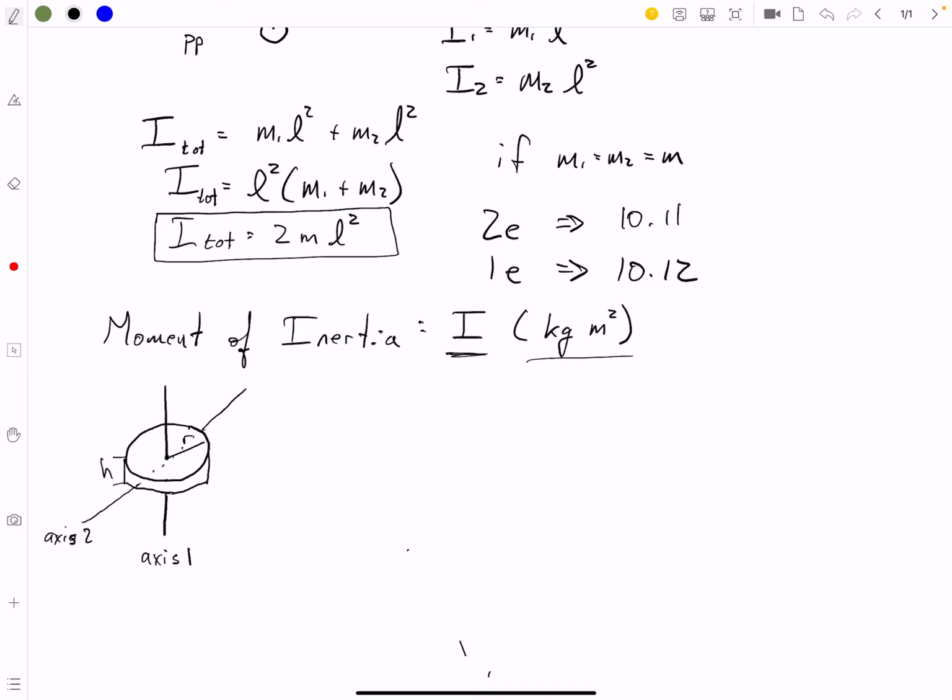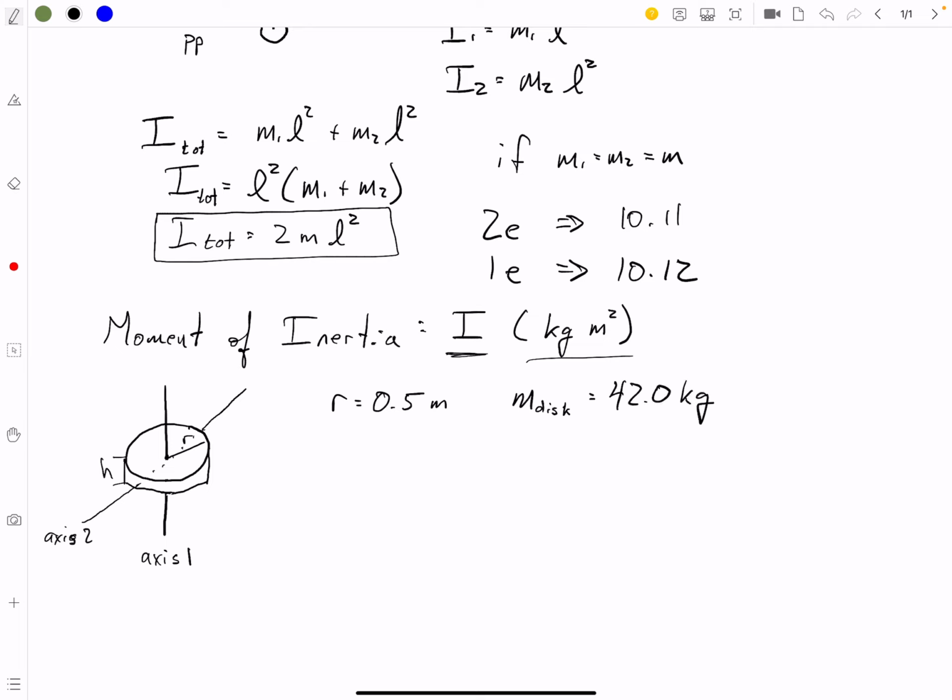Okay. So for the sake of all of those who are dying to know how large of an object this is, the radius is 0.5 meter. The mass of the disk is 42 kilograms.